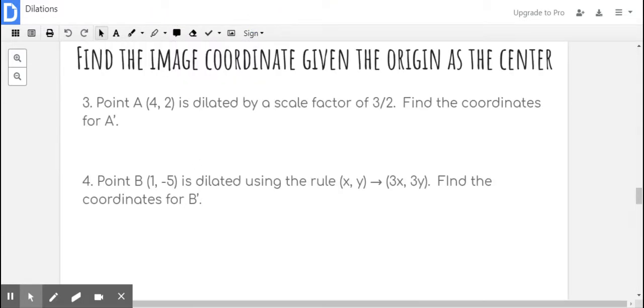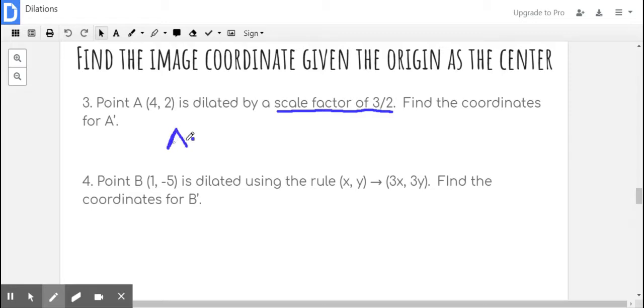So now in number 3, point A (4, 2) is dilated by a scale factor of 3/2. Find the coordinates of A prime. Essentially what we need to do is take this scale factor, which is going to be our k value, and multiply it by 4 and by 2.